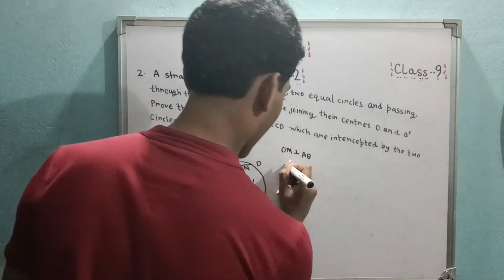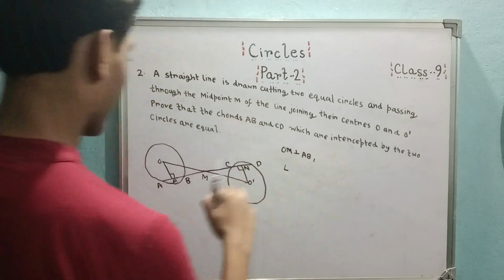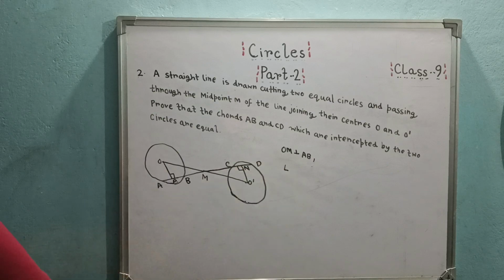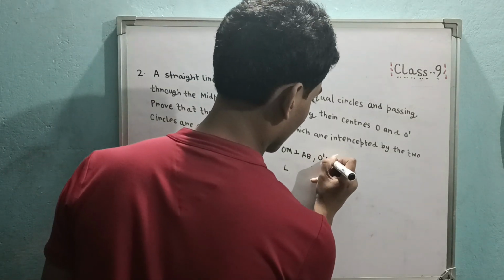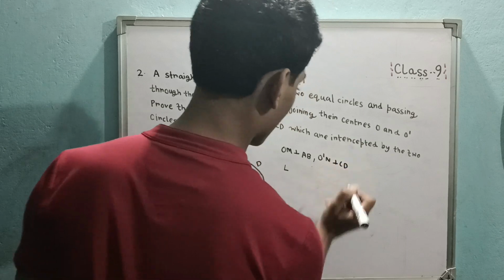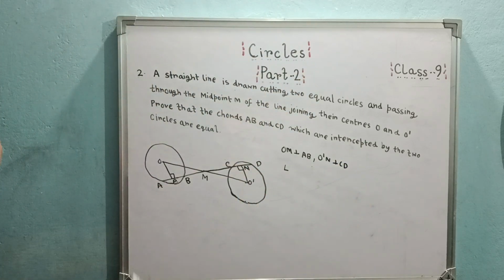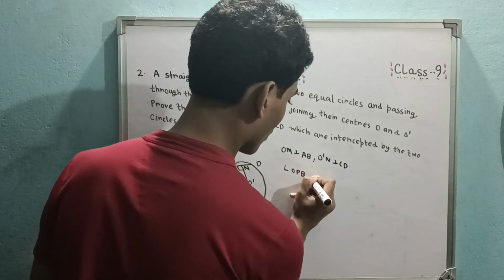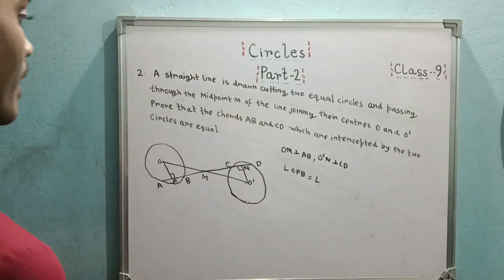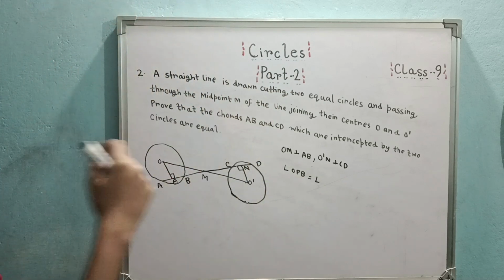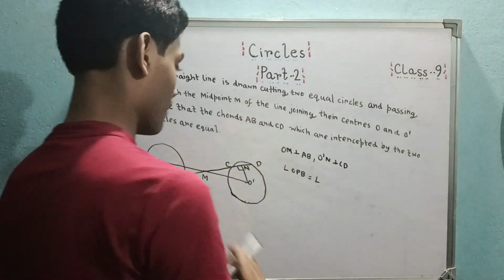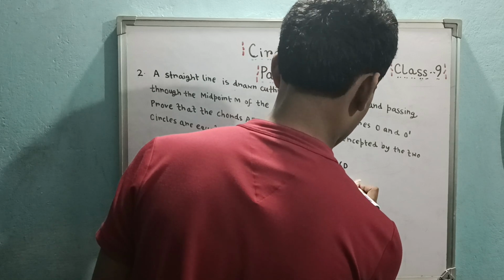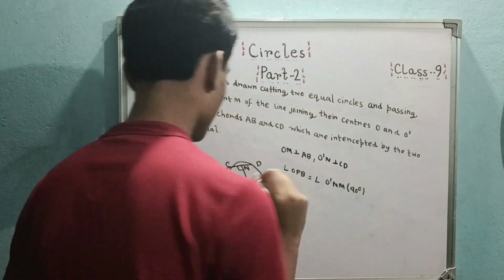OM is perpendicular to AB and O dash N is perpendicular to CD. This is clear. For these two triangles, these two are right angles, so right angles will be equal. So angle OPM equals angle O dash NM, 90 degrees.